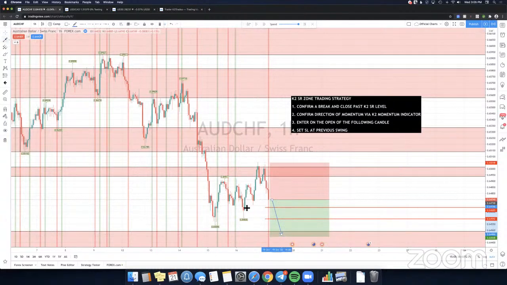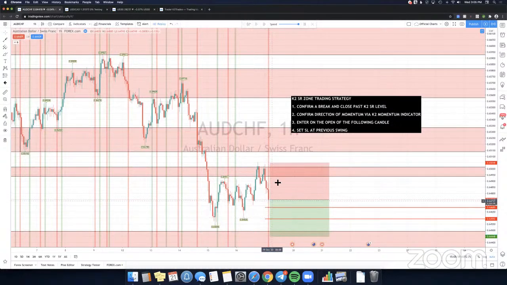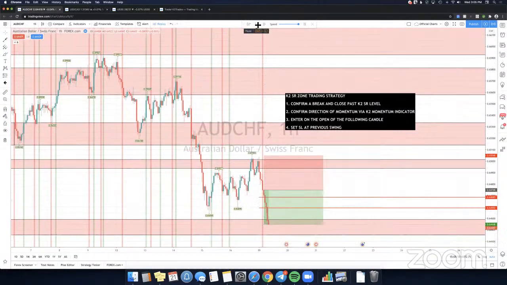So when it gets to a zone, it's probably going to reject off it, and people never move their stop loss. And when that happens, it could go way up here. But if you had your stop loss move to TP1 or TP2, you could have at least locked in some profit there.